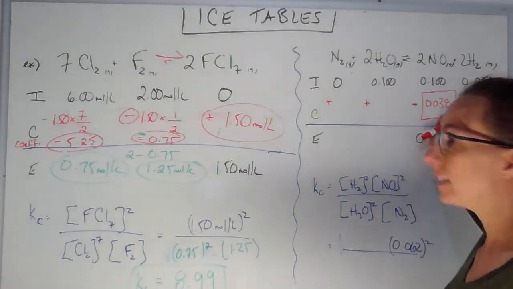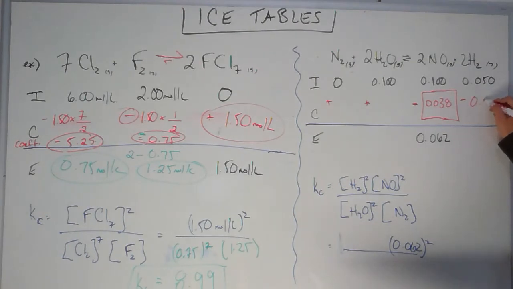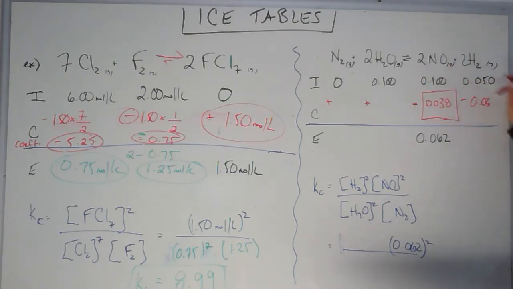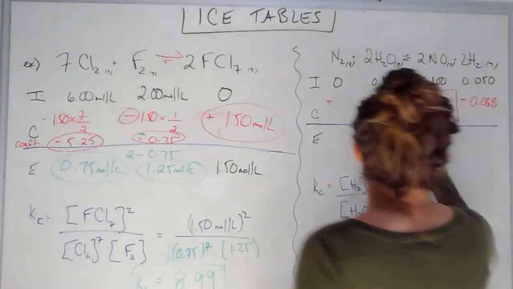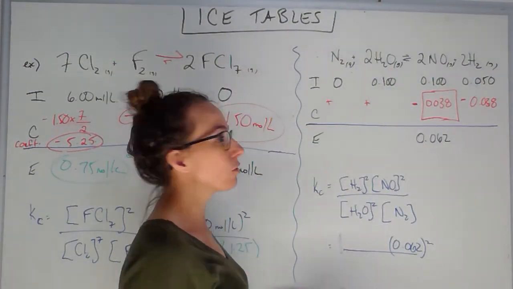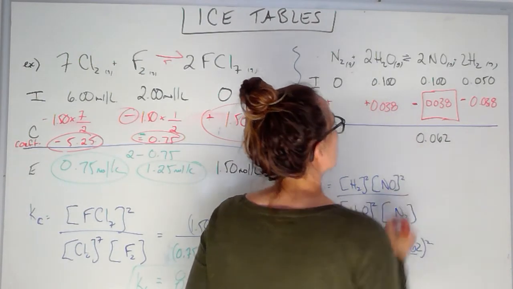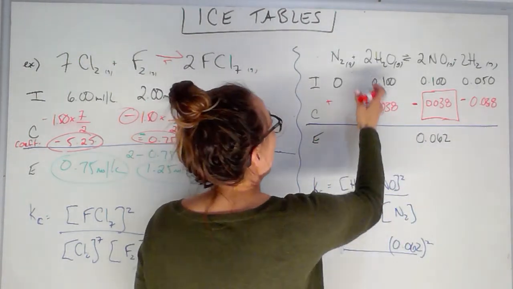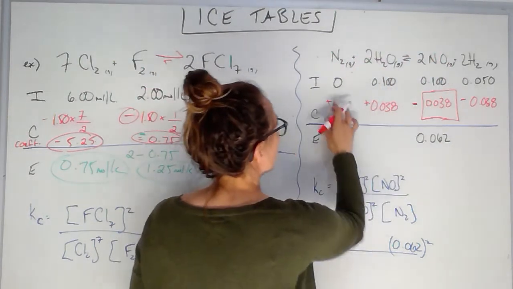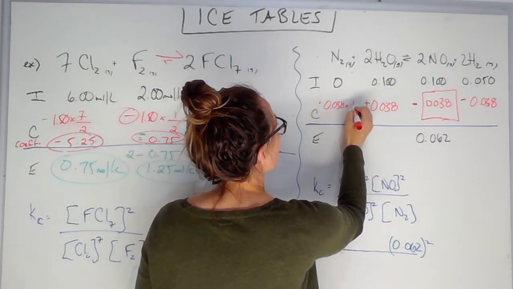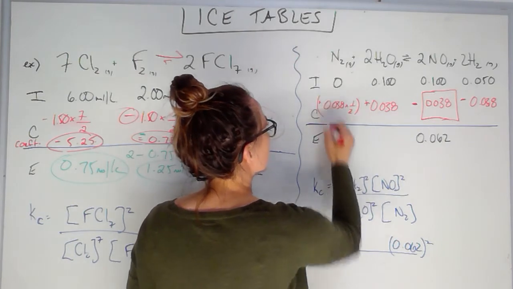And if that's the case, then I must have also used up 0.038 moles per liter of that stuff too, because they're a 1-to-1 ratio, right? So that applies there too. Oh, and here's another ratio. This is saying 2-to-2. So I must have added 0.038 moles per liter of that one. And this is half of those ratios. And so this is going to be 0.038 times 1/2, half of it.